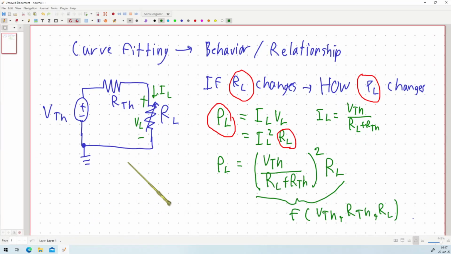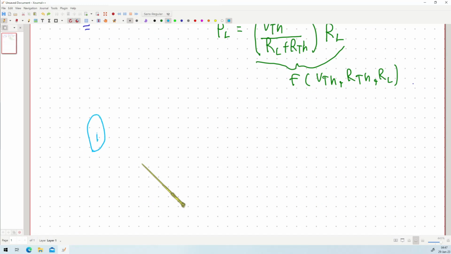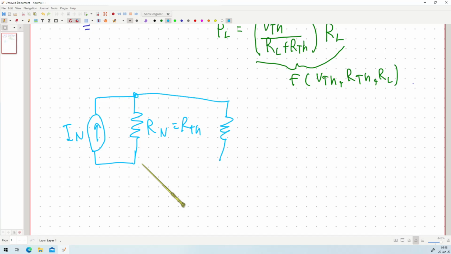And for the Norton equivalent circuit, we can also transform this. Rn equals RTH, and this is In, right? This RL.